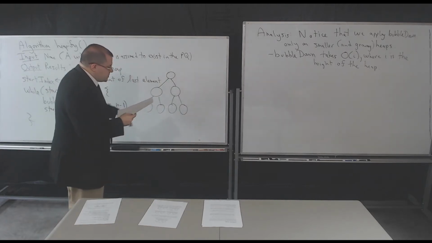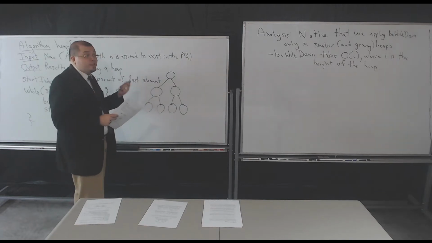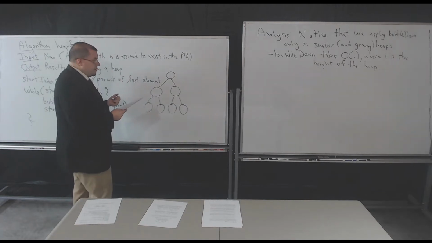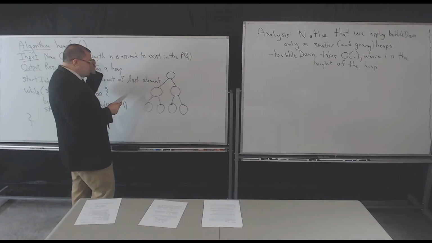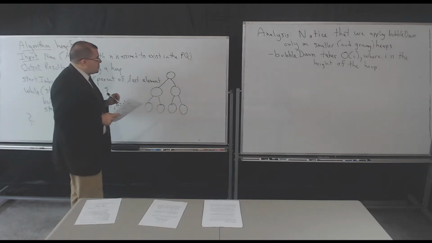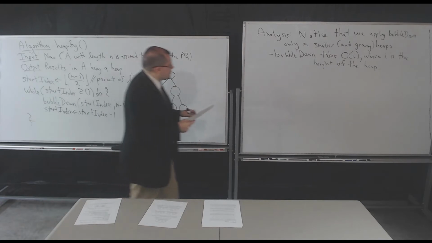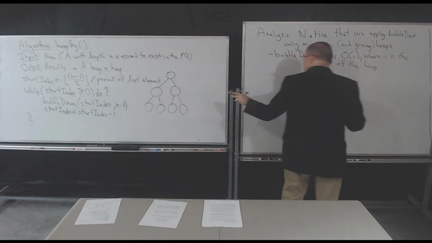Now, the second observation I want you to observe is how we deal with bubble down, right? I want you to think about the maximum number of elements in a heap of a given size. Let me just write something down here and then we'll look at this picture.